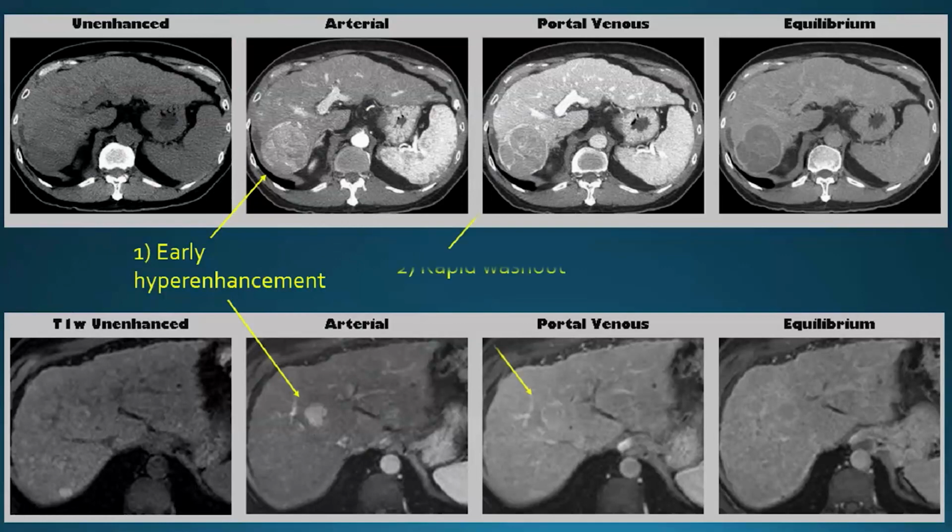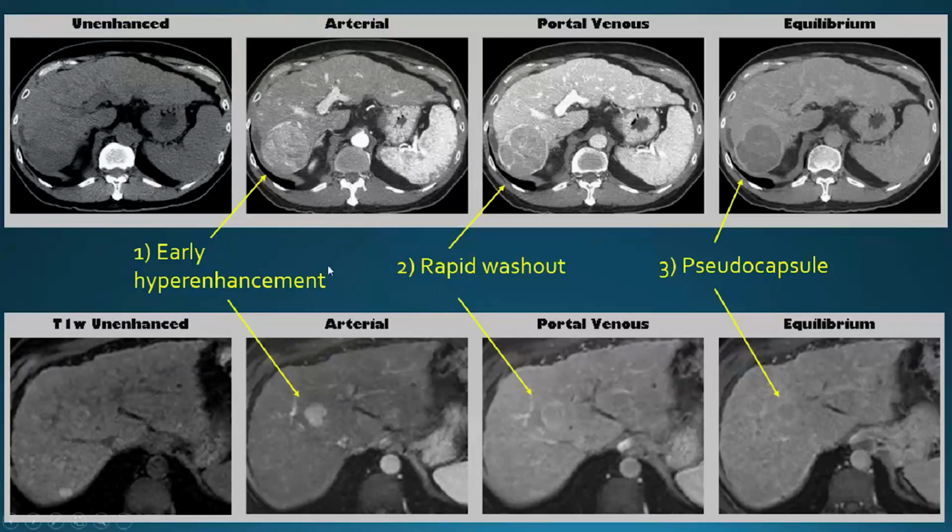However, when we see rapid washout of the contrast in the portal venous phase, that is more or less pathognomonic for hepatocellular carcinoma, and then you can see that in equilibrium, we don't see the contrast anymore, but we do see a pseudo capsule around the lesion, which again is suggestive of hepatocellular carcinoma.